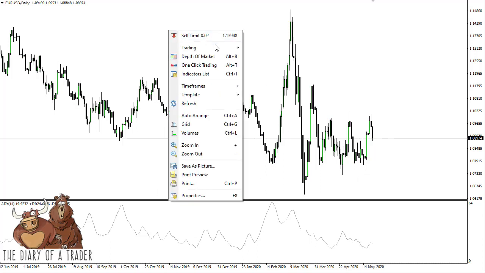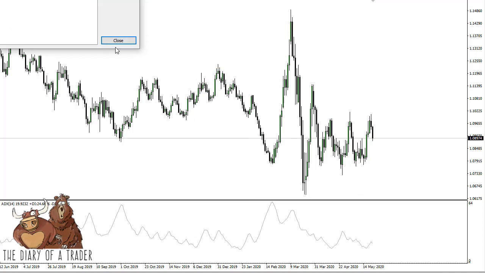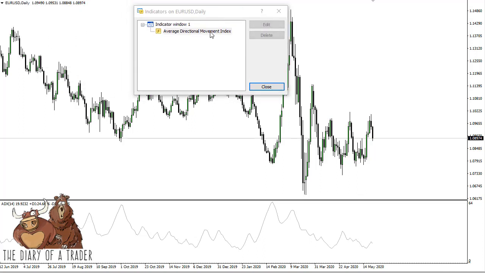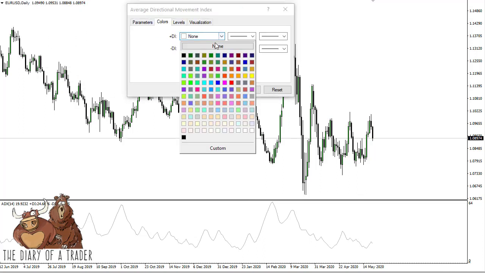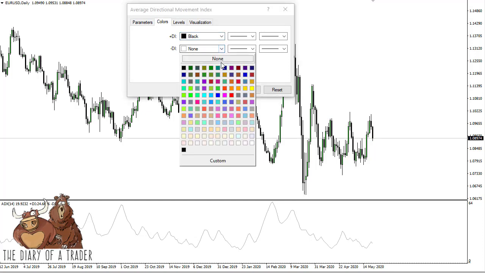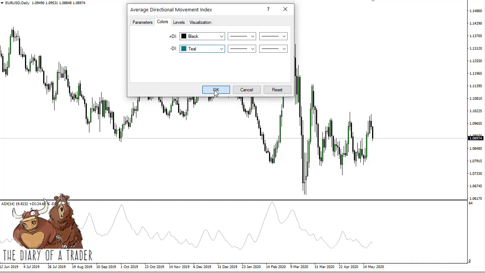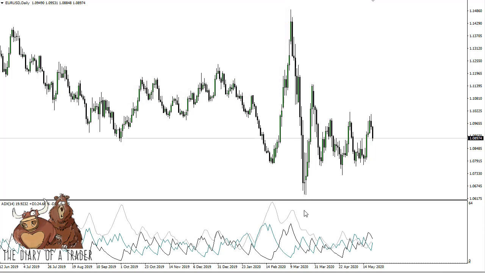It should also be noted, just for educational purposes, there are two other lines, the negative DI and the positive DI, and they also go on the chart. Now, most traders don't use those.